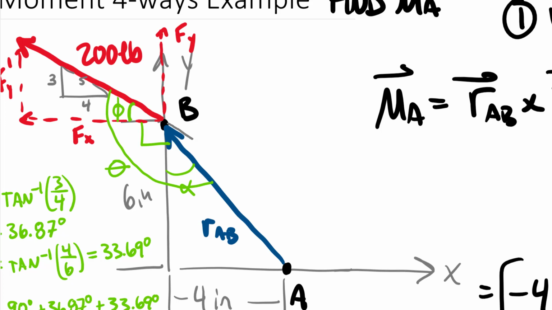So here is my line of action, trying to stretch straight out from that 200-pound force. And so really the value we're looking for is a position vector, which is going to go right here from A up there to that line of action where this is a right angle. Okay, so this we could call our d perpendicular.